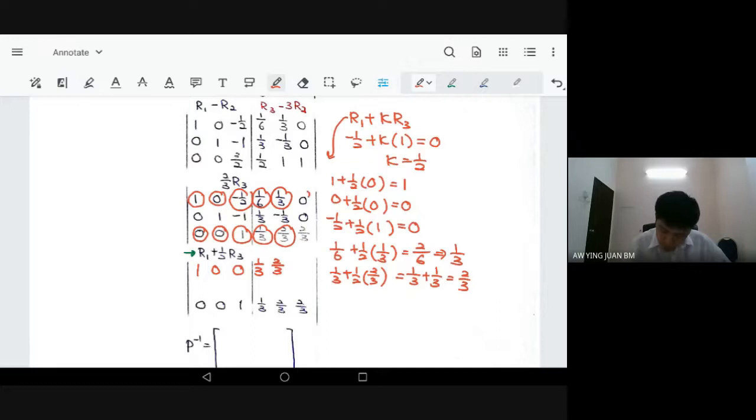Next, we have 0 plus 1 over 2 multiply with 2 over 3, and we will obtain 1 over 3. So that is how we look for row 1. Next, we have to focus on this part. Make sure the negative 1 becomes 0. Then do remember, refer to row 3 because we are located in the third column.